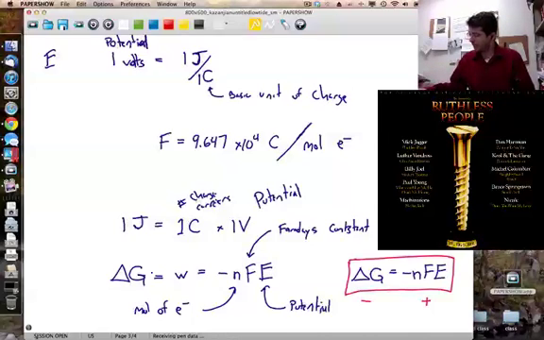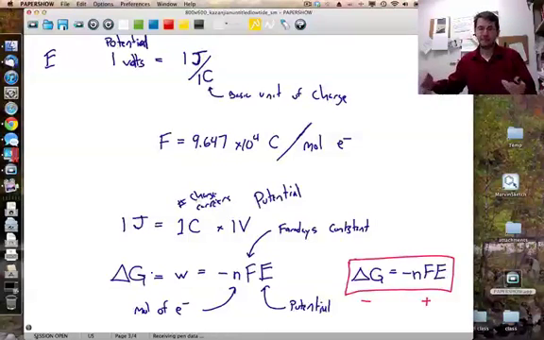So this potential for a given chemical reaction can be measured. A reaction that is spontaneous naturally wants to give up its electrons, and so we can harness this potential energy and measure the relative potential between each of these chemical reactions.